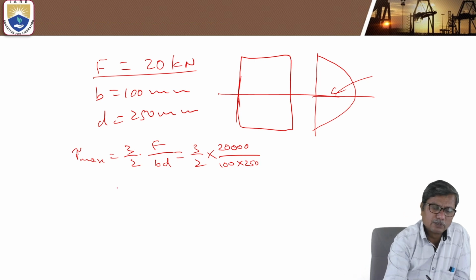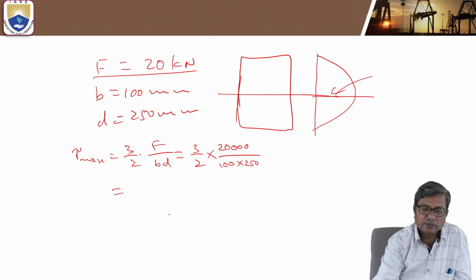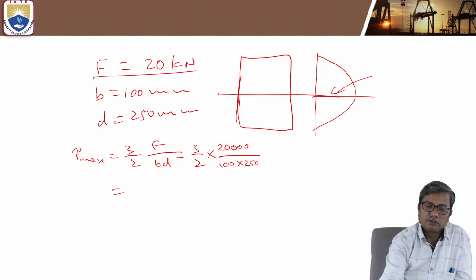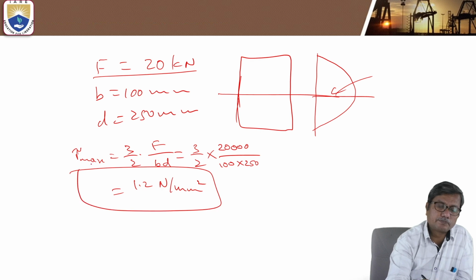So this gives the shear stress. It comes out to be 1.2 Newton per mm square.